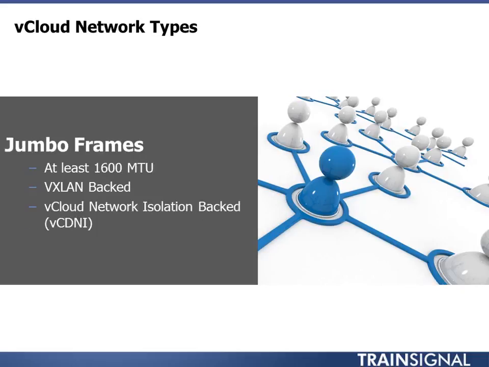As a word of caution, if you're going to use either the VXLAN backed or the vCDNI, which is the vCloud Network Isolation backed network pools, you'll want to enable jumbo frames. This is kind of a weird set of words, jumbo frames, but basically all that means is that we're going to increase the maximum transmission unit, or MTU, to be larger than the standard 1500 bytes that it's normally capped at per frame.